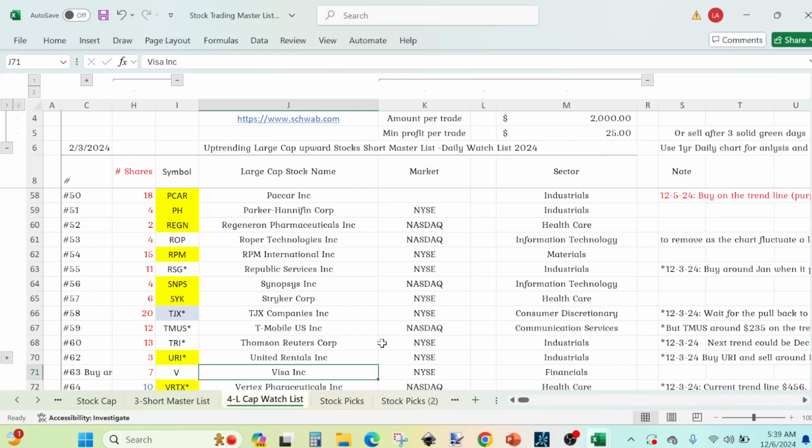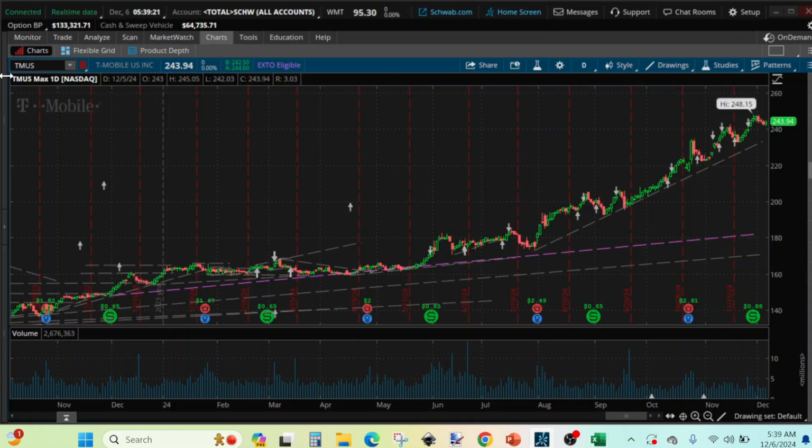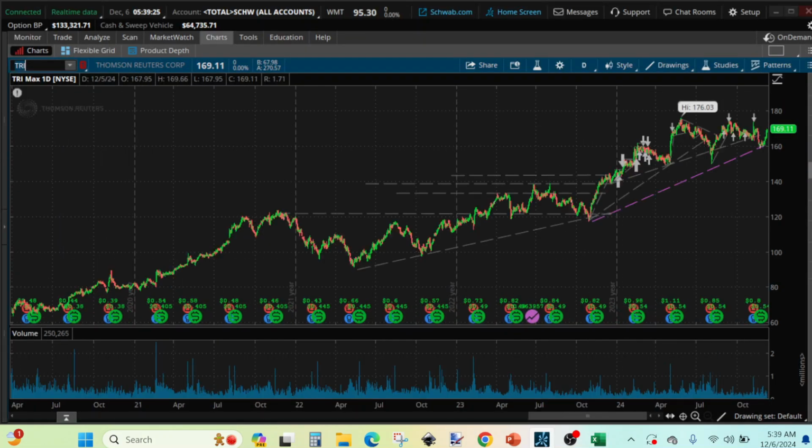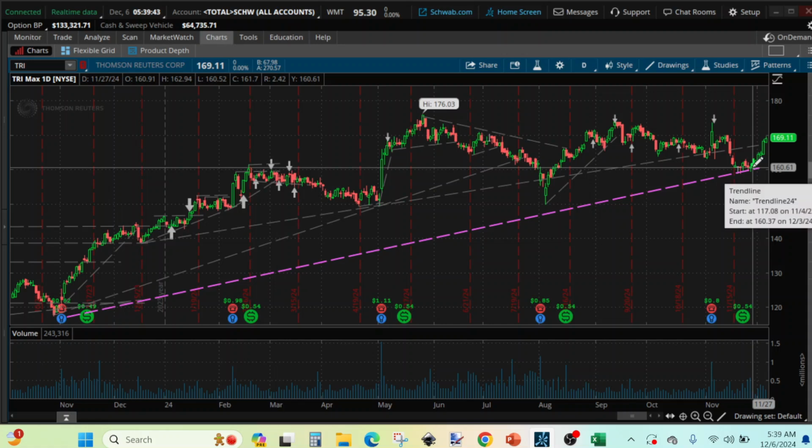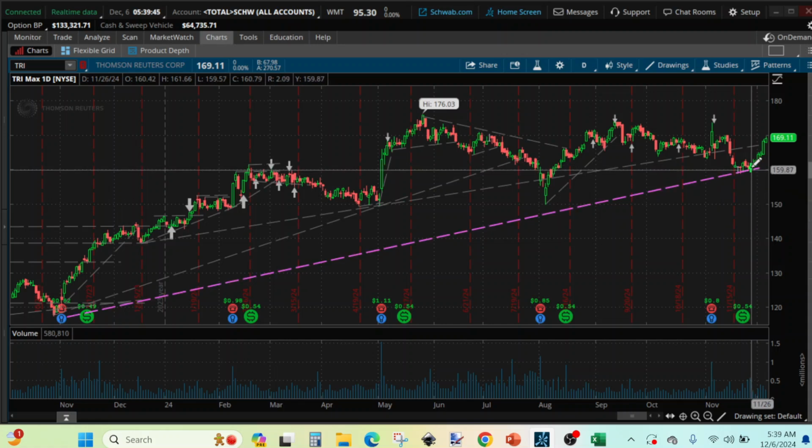So the next one is TRY. TRY, it's just leaving this line that we put it on. You see, that's amazing. So it is a long trend line, and the right time could be to buy it when it starts going up from that purple line.